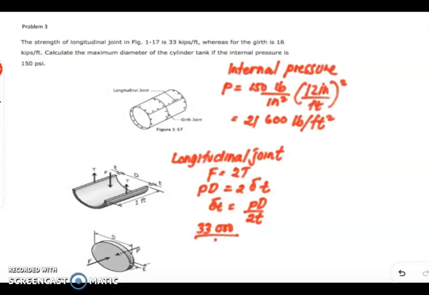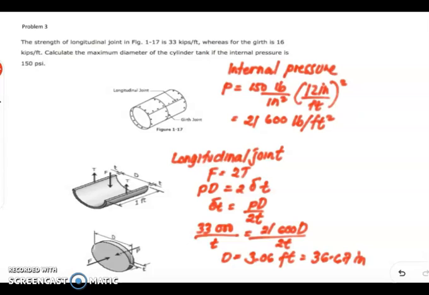So this is all over T, which is equal to 21,600 times D all over 2T. So therefore, our D here is equivalent to 3.06 feet, which is equivalent to 36.67 inches.